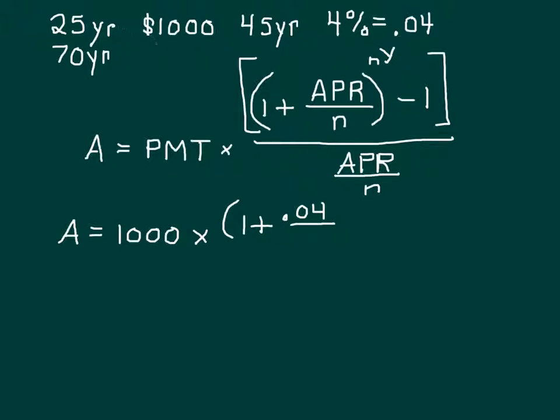This person makes only one $1,000 deposit. So a 1 goes down here.